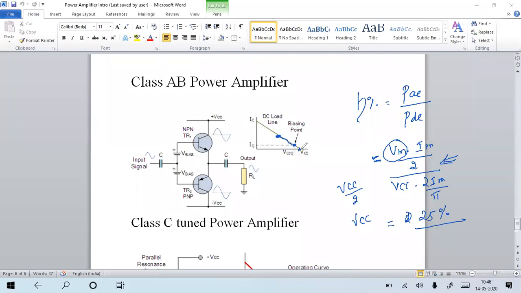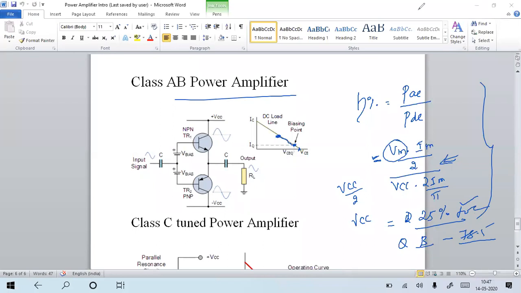So in class AB, based on your Q point, you may get 25%, or if you slightly move towards the class B Q point area, it goes on increasing. Finally, if you keep your Q point in the class B area, you may get 78.5%. There is no possibility of the percentage going above 78.5 or below 25%, right?